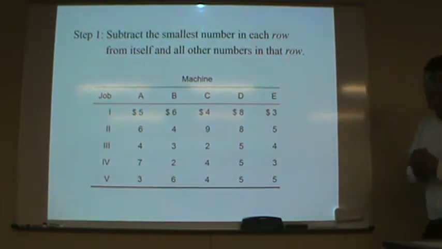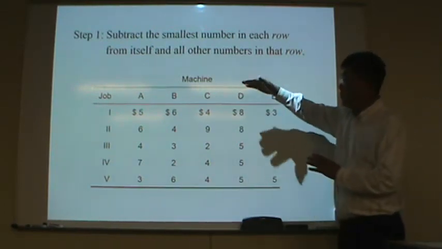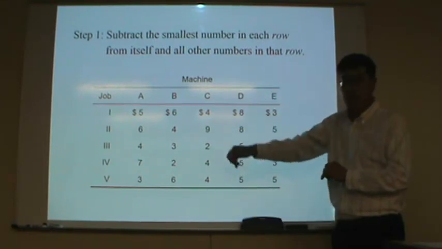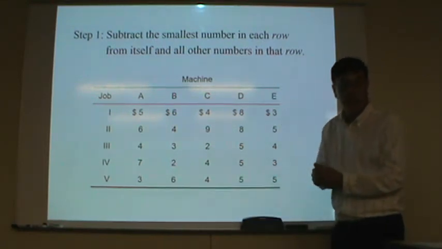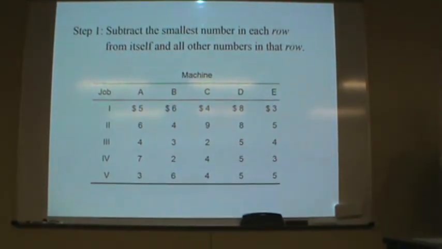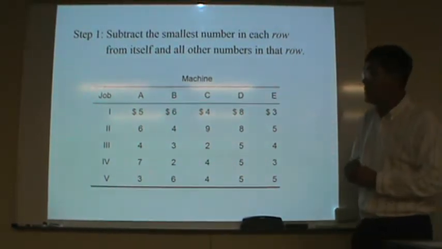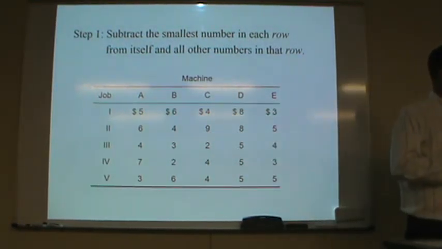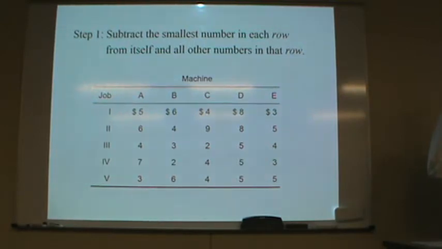If we have the same number of machines and jobs, or workers and jobs, assigned one by one, then the first step is to subtract the smallest number in each row from itself and all other numbers in that row.